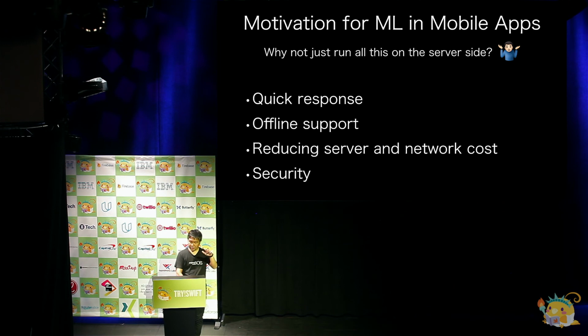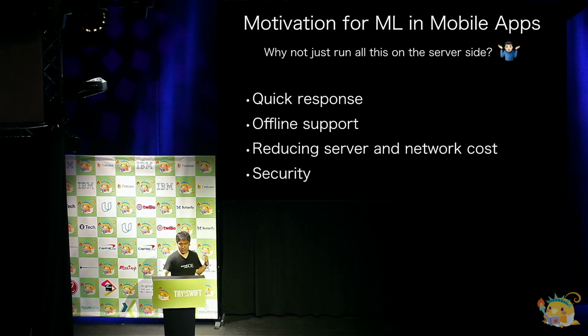Therefore, we need to ask ourselves why we need to run ML on the device and clearly define the purpose of doing so. In my case, it made sense because we had a clear goal to maintain the image quality while reducing the file size. There are some other cases where you might want to consider running ML on the device, for example, quick response, offline support, or reducing server and network cost. Maybe this super resolution case is from this. Lastly, from a security perspective.